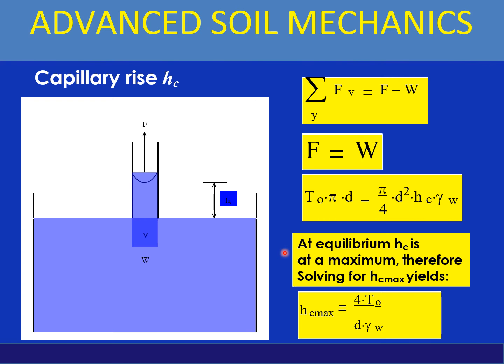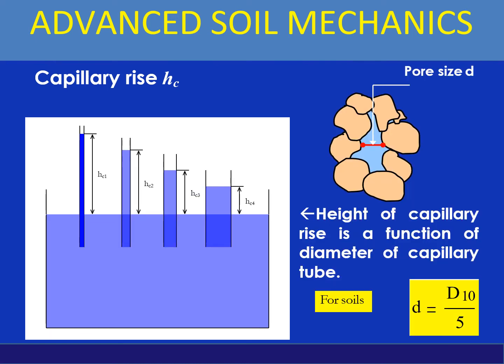At equilibrium, h sub c is at a maximum, therefore solving for h max, you can write this formula: h sub c max is 4 T naught over d over gamma w. So here you can see that the smaller the diameter of the tube, the more will be the rise.